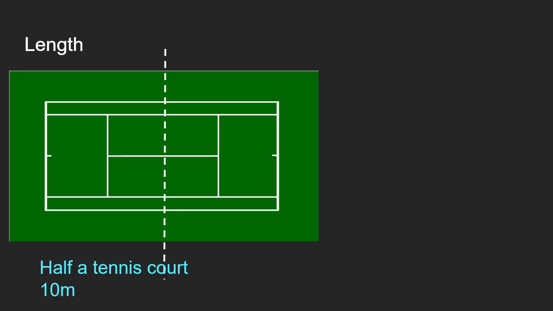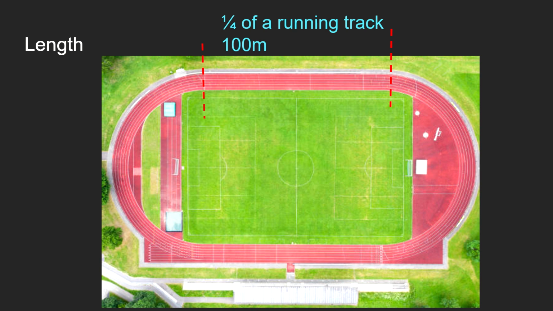So next, if you've seen a tennis court, about half a tennis court is 10 meters. And now we have a whopping 100 meters. If you've ever gone to those stadiums, or even if your school has a school field, and the running track is 400 meters, one section of the running track is 100 meters.